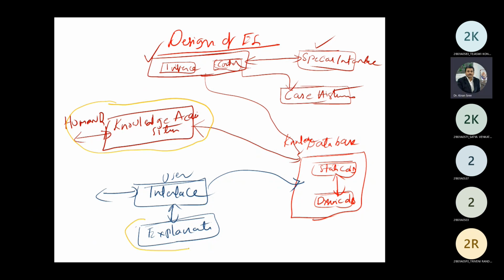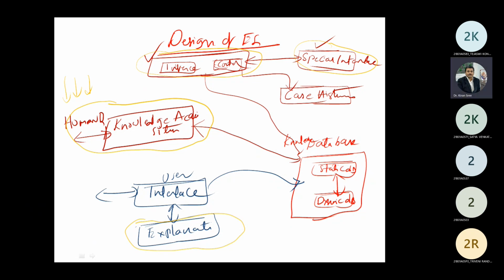The explanation module is the second most important, because it will be the difference between two systems in terms of usability, adaptability, and implementation. An inference engine is an engine that you use to infer something with known data. Special interfaces process only incomplete data. How do you take decisions from incomplete data?